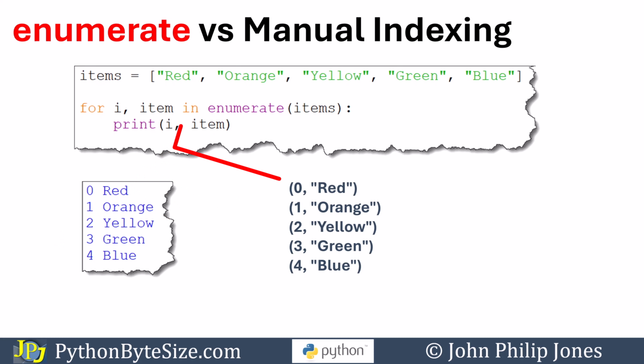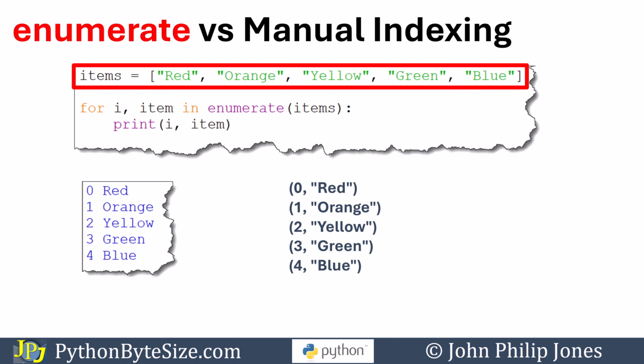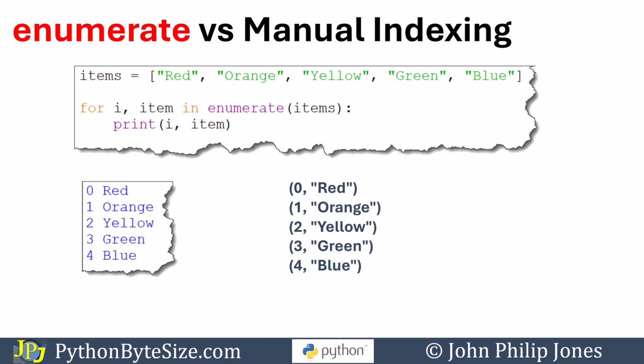In effect, this takes care of indexing the list. We don't need to know how long it is. So if I was to increase this list to 100, then the enumerate would produce 100 tuples, 100 tuple pairs in this instance. So the enumerate function will look at this string red and say, well, you're in index position 0, so it'll put 0 and red here.